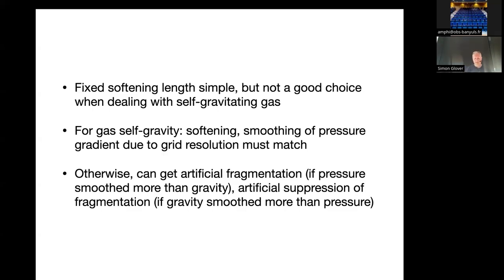And this is a point that I think a lot of people don't appreciate. You really need to be careful that you're smoothing both forces on the same scale. And so whatever you are taking for your softening in any simulation involving gas should match what your minimum resolution is for the gas itself. If it doesn't, you will get the wrong behavior on small scales if you have self-gravitational effects becoming important.